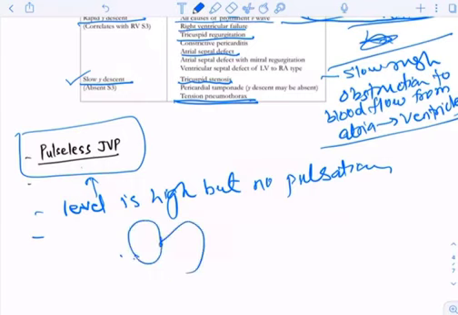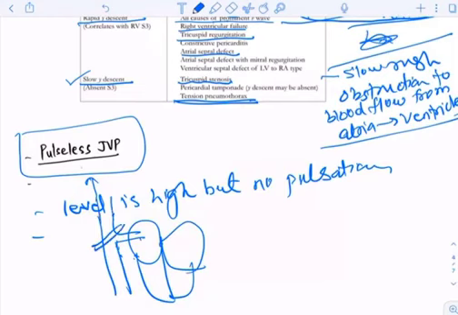But what happens when the connection between the jugular vein and the right atrium is cut, or the atria is not beating properly?